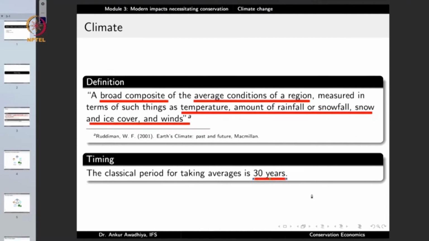So it is a pretty long period of time in which we take the averages, because of which the climate is fairly representative of the conditions of any region. So even though the conditions might change on an hourly basis or on a daily basis, on an average, the climate will be a very good representation.